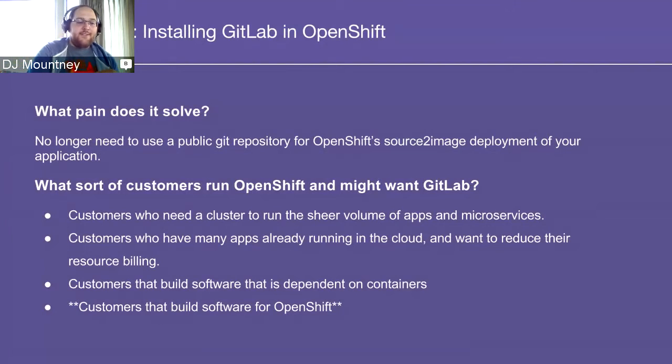So it goes right from source code to live in production, or staging, or wherever. It does that all automatically, but you need to put in a Git repository at the beginning and get your deployment in the end.